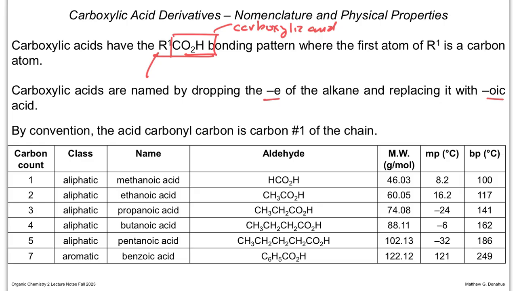The main thing to note here is you see their boiling points are all pretty high, and that's due to the hydrogen bond donating and accepting ability of the OH group and the accepting ability of the carbonyl. These things have a lot of non-covalent interactions, so the molecules like to hang around each other, and that affects the physical properties. You see benzoic acid is pretty high when you compare the molecular weights.